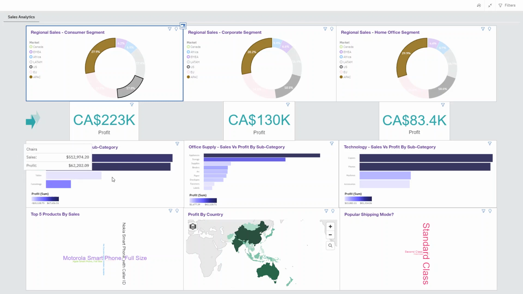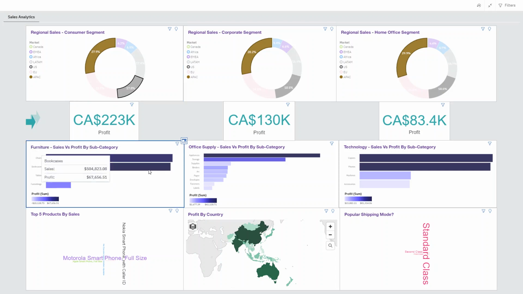Basically, what's happening here is that the darkest color is the one bringing in the most profit. Okay, and then from office supply, we have appliances bringing in more sales and more profits. For the APAC region, technology, the copier is bringing in more sales. However, again, the phones are generating more profits at 81,000.